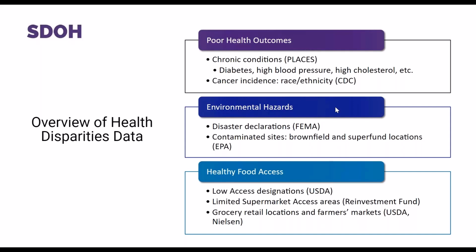We do have data on low access designations from the USDA, and limited supermarket access areas from where PolicyMap came from, the Reinvestment Fund. Being able to take a look at these LSA areas and their proximity to retail locations or farmers markets is really useful. And being able to filter that data to see whether or not it is a full service supermarket is also really great.